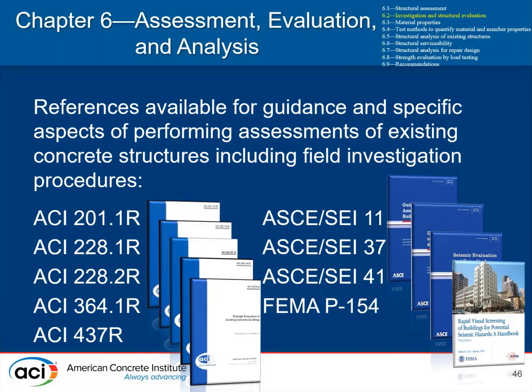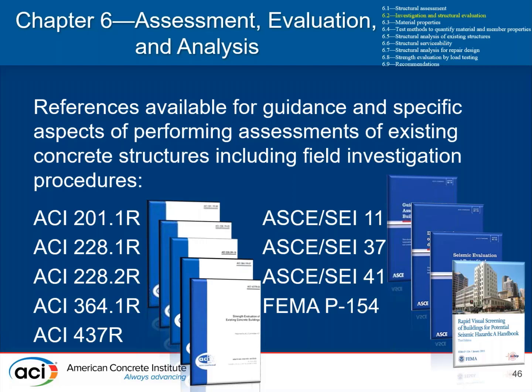Wrapping up, talking a little bit more about Chapter 6, there are a number of references available for guidance on specific aspects of performing the assessments for existing concrete structures, and this is just a subset of them. ACI has a lot of documents: ACI 201, durability and conducting condition assessment; ACI 228, which is on non-destructive testing and evaluating strength; 364; ACI 437 on strength evaluation.